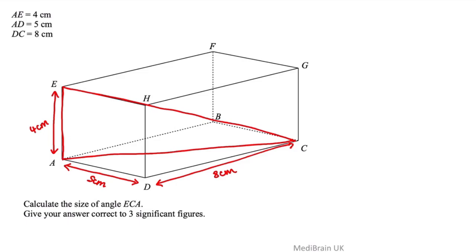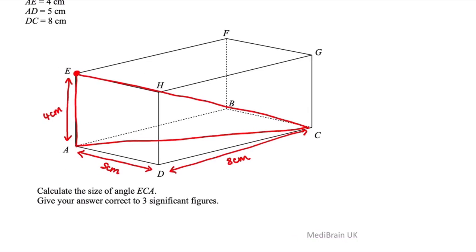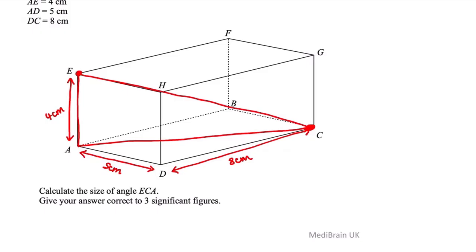So ECA is literally starting at E over here, going to C over here, and then going to A over here. And then this is a right angle over here. You know that's a right angle. We need to calculate angle ECA, so it's the middle letter. You need to calculate this angle over here.